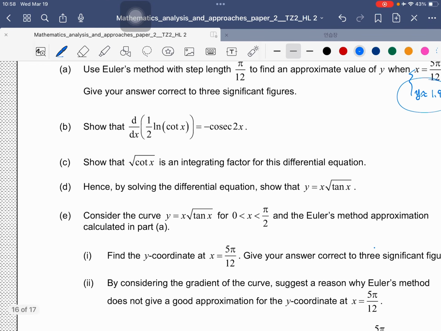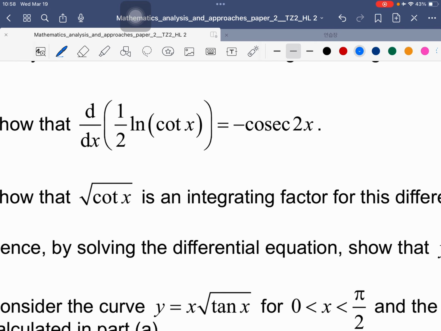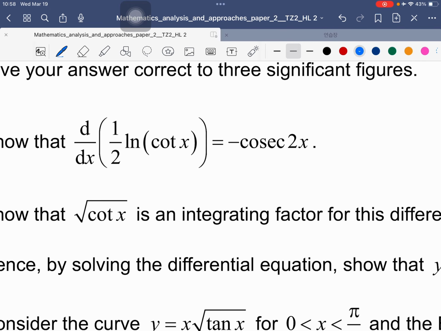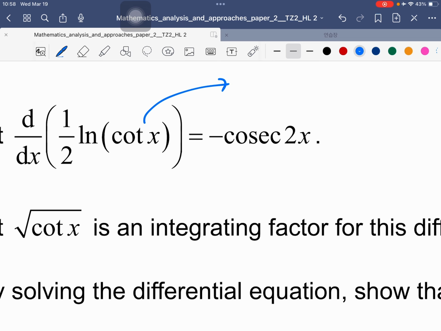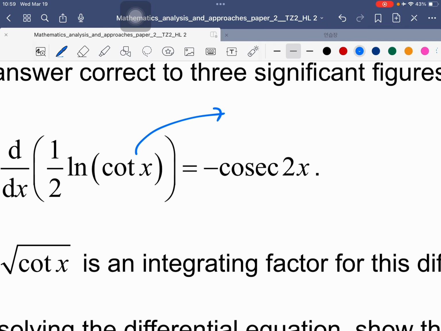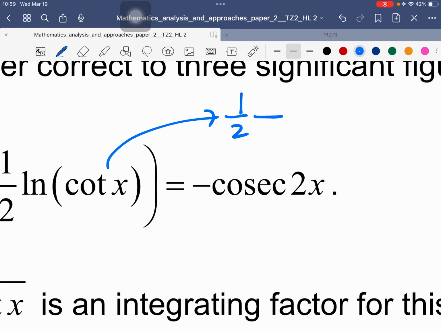Show that differentiating this one gives that one. Okay, differentiating this one, we have to apply the chain rule, right? So the ln of f(x), differentiating that function, 1 over 2 goes in front, ln of f(x) is 1 over f(x), so 1 over cotangent of x times f prime of x.